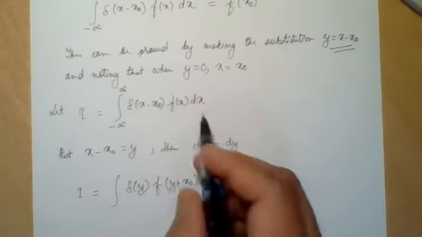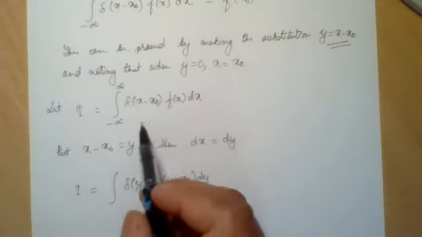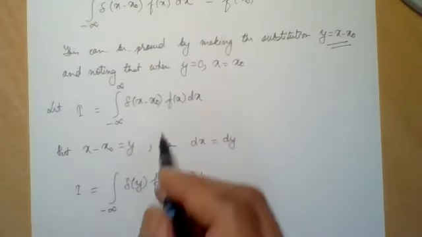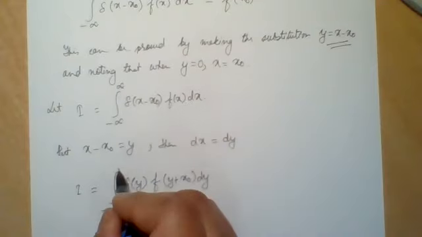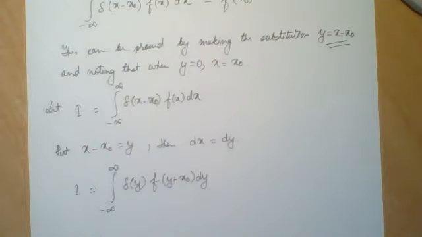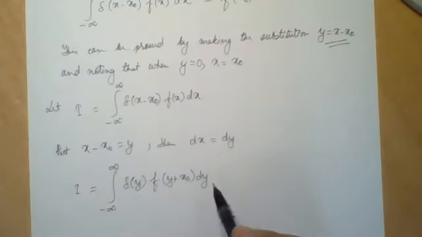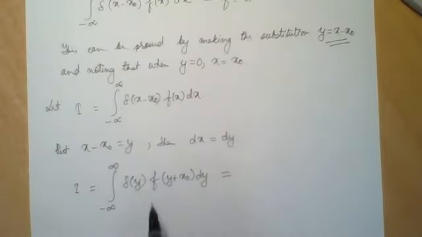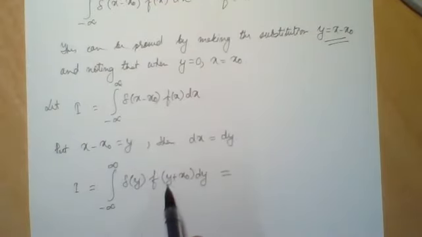Then dx is equal to dy. And when x is equal to minus infinity, y will also be minus infinity. When x is equal to plus infinity, y will also be plus infinity, because x naught is just some finite number. Okay, this is fine. Then this will be equal to the integral of delta y f of y plus x naught dy.